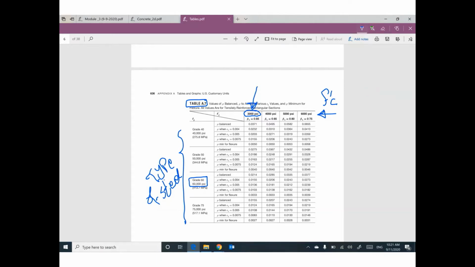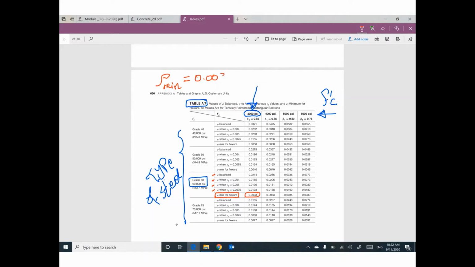This row, this row, this row, this row, and row minimum. So I'm going to use this one. So rho minimum for our case equal 0.0033.